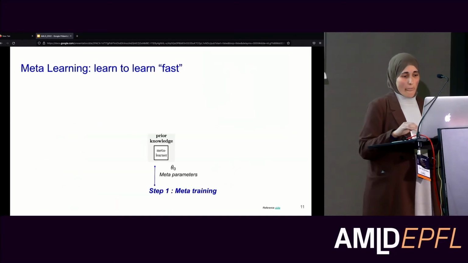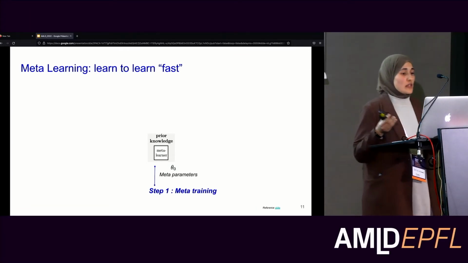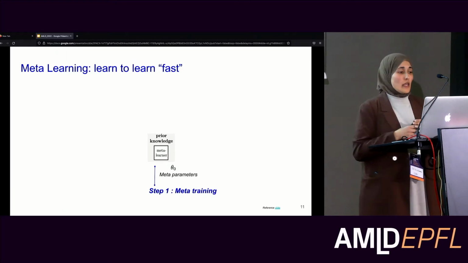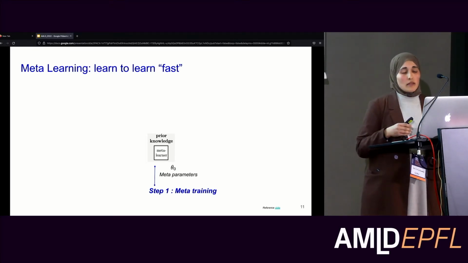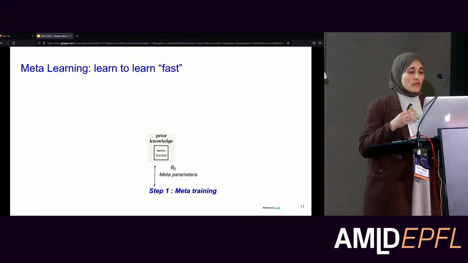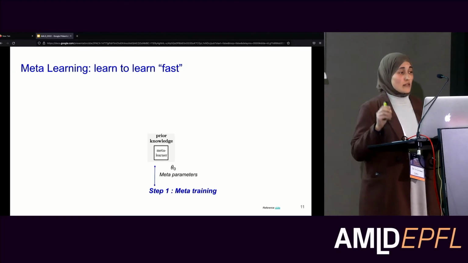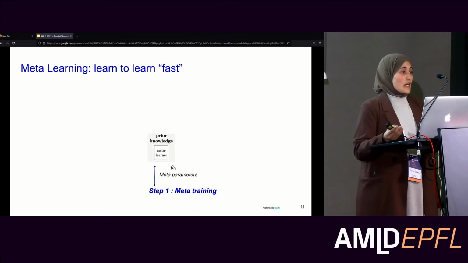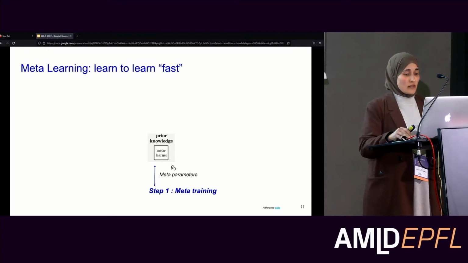So in order to have this fast simulation approach, which is trained on multiple detector geometries, we are using a meta-learning approach, which is the process to learn fast. You can see meta-learning as two steps. The first is the meta-training, where we would like to have a prior knowledge, the meta parameters theta zero, and these are the weights that we want to learn.